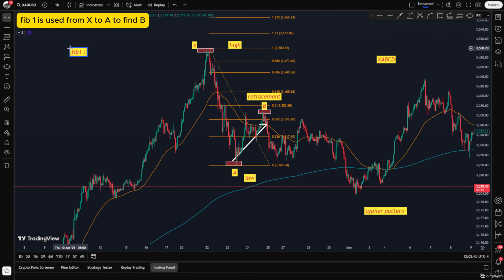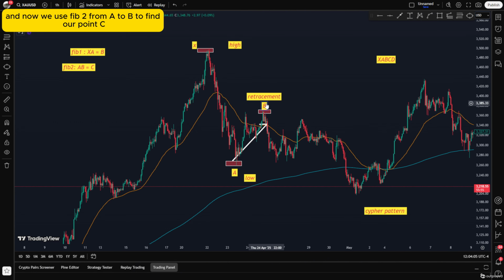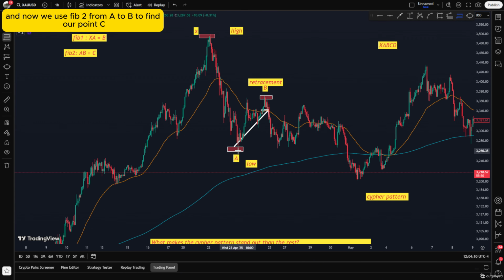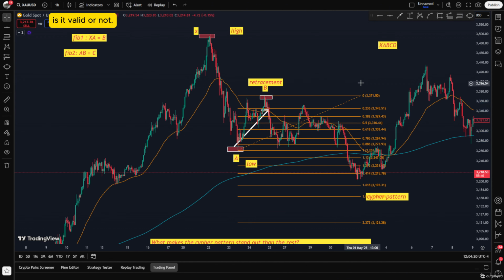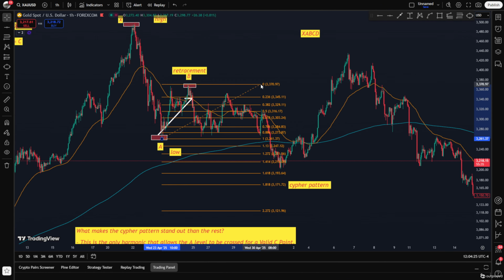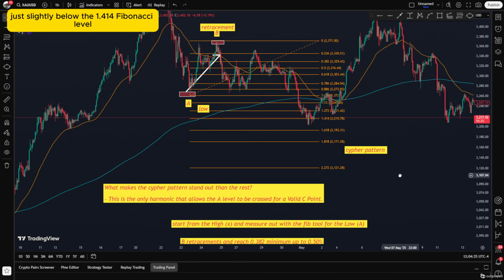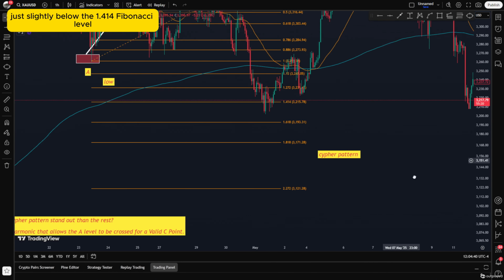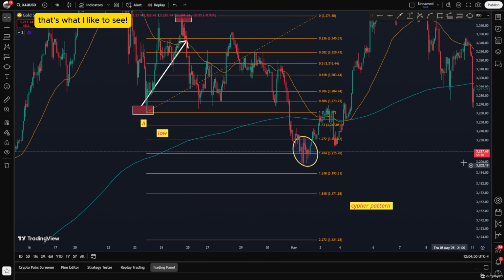Fib 1 is used from X to A to find B. And now we use fib 2 from A to B to find whether our point C is valid or not. Here is price bottoming out just slightly below the 1.414 Fibonacci level. That's what I like to see.